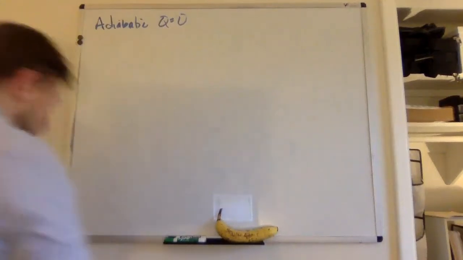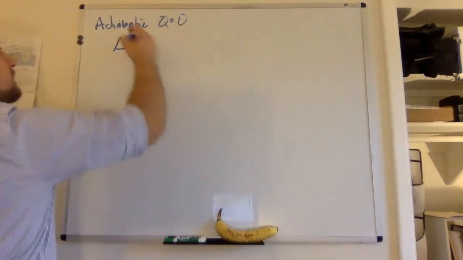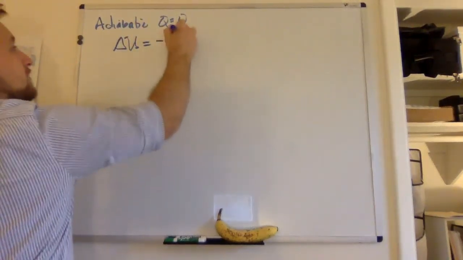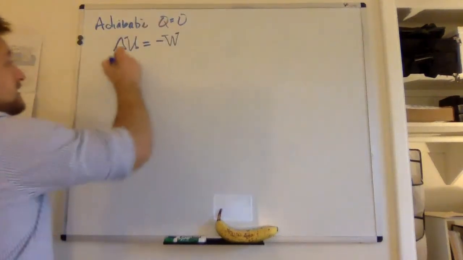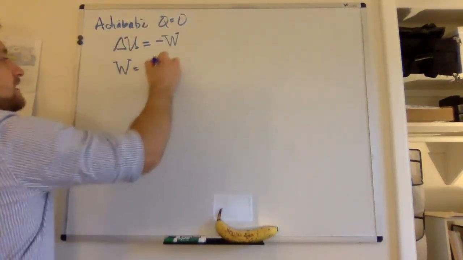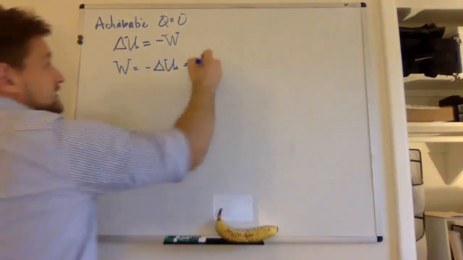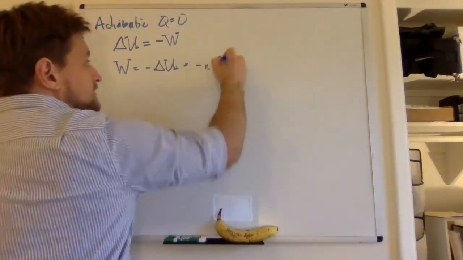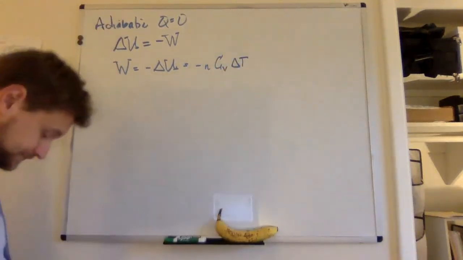It's still true that macroscopically speaking, not infinitesimal, that if the internal energy changes, it's the negative of the work done. But okay, so that means the work done is the negative of the internal energy change, which we know is negative NCV delta T for an ideal gas.